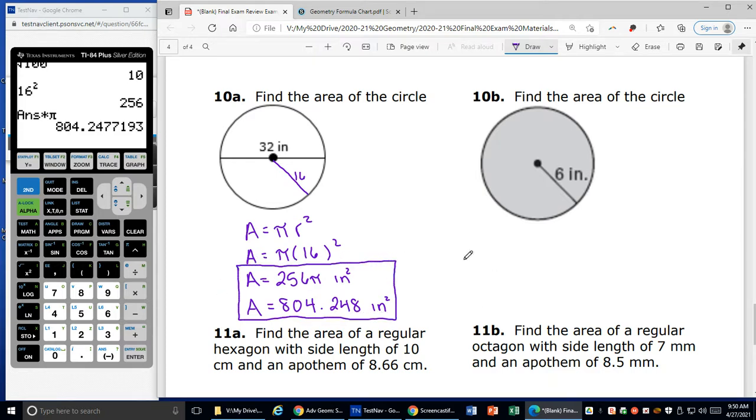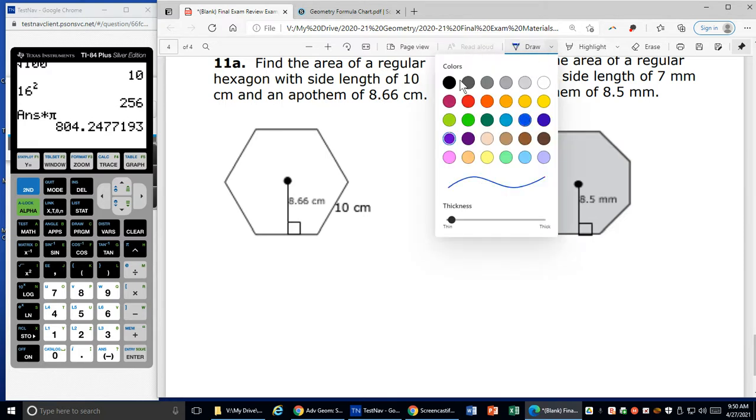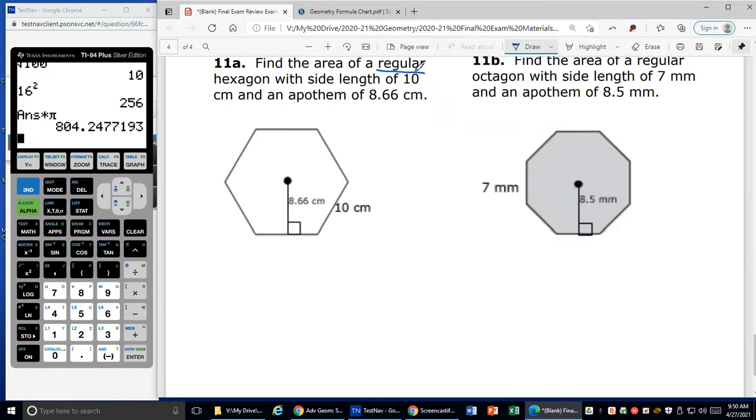Okay, let's look at 11a, the last one for this practice review. Find the area of a regular hexagon with a side length of 10 centimeters and an apothem of 8.66 centimeters. So if we don't remember the formula for a regular hexagon, we need to go and figure it out.